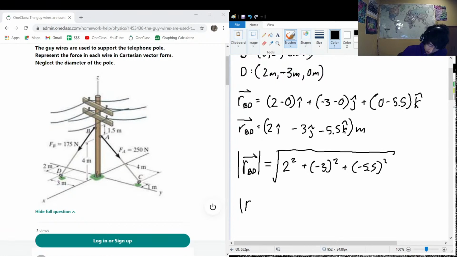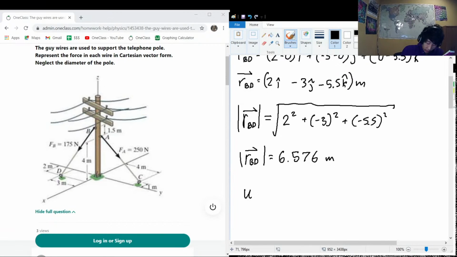So RBD, the magnitude, under the root, we're going to have 4 plus 9 plus 5.5 squared. This is going to be 6.576 meters.